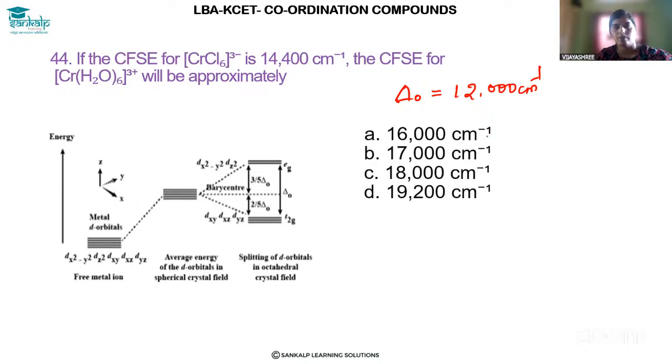Now, compare the ligands according to the spectrochemical series. Compare the ligand strength: chloride, then fluoride, then H2O, then ammonia, then cyanide. So the cyanide ligand is the strongest ligand.